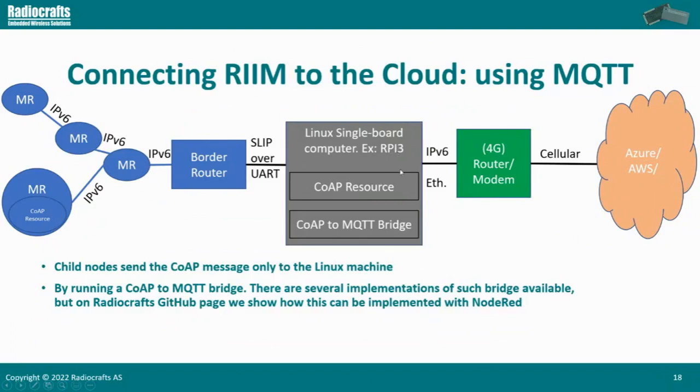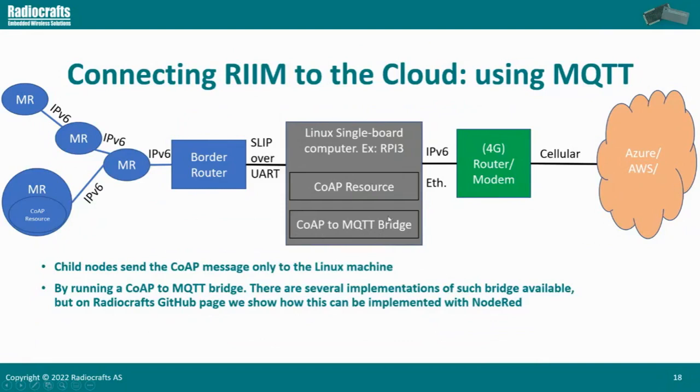And then running Node-RED on the Raspberry Pi, you can take that CoAP from the CoAP resource and convert or bridge the message from CoAP and make it MQTT. And of course, if you have MQTT, then you can speak with any of the big cloud services that we spoke about, because they do, of course, support MQTT. And how do you do this? We also provide this example on our GitHub page, how to bridge between CoAP and MQTT.